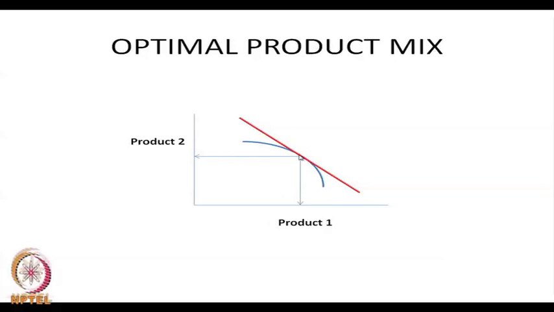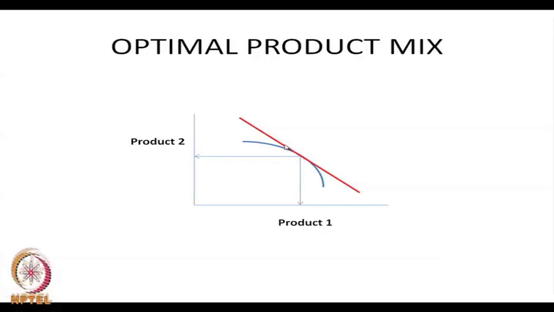That means, if I operate at this point, if I produce so much of product 1 and so much of product 2, then I will realize the maximum revenue out of producing and selling these goods. If however, I produce this much product 1 and this much product 2, then my revenue will be much less, on a line parallel to this line going here.